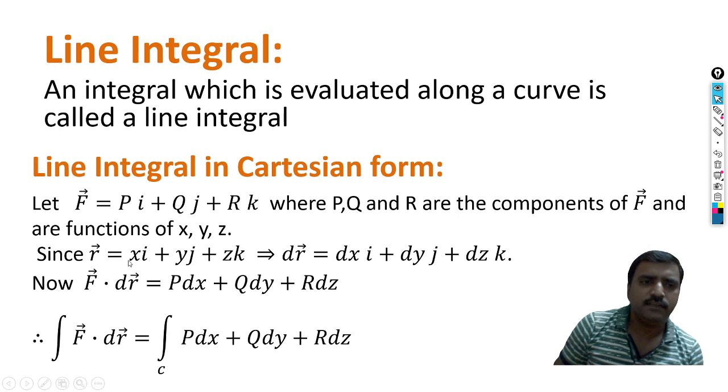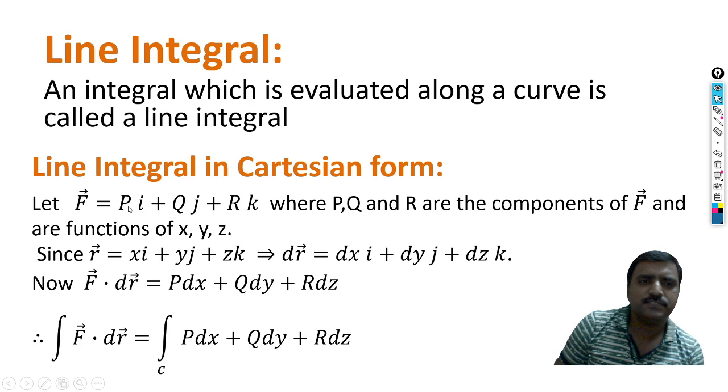If you take F dot dr, r is the position vector at any point. I already told you that r means the position vector at any point, so r can be written as xi plus yj plus zk. So dr is equal to dx i plus dy j plus dz k. If you take the dot product of F and dr, F dot dr is equal to P into dx.